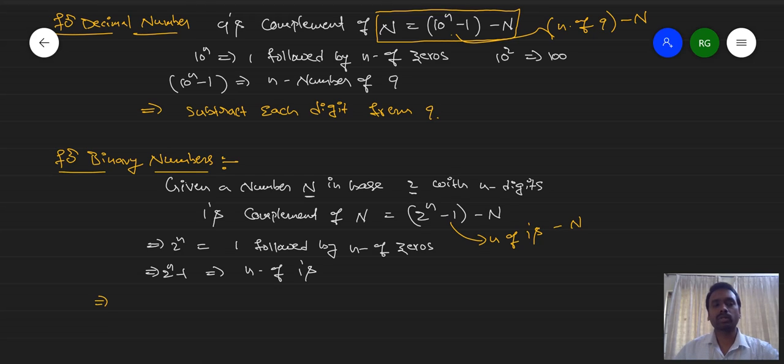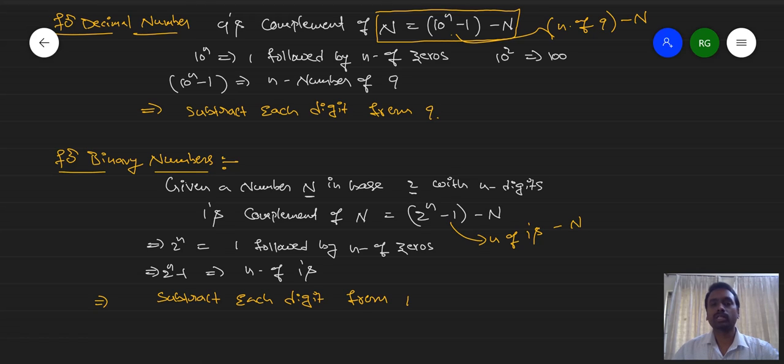So to find the ones complement of a binary number, subtract each digit from 1. That's the shortcut.